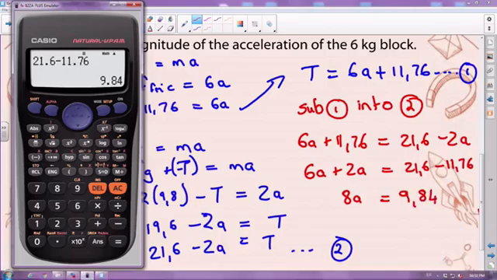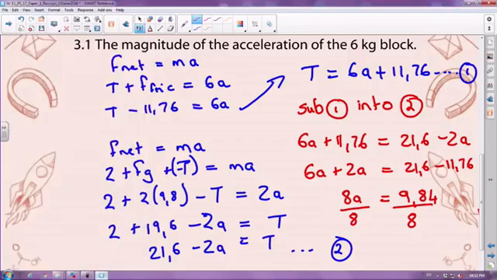I want to divide both sides by 8, and my answer is 1.23. So my acceleration is 1.23 meters per second squared to the right. Remember, you have to give a unit and a direction.